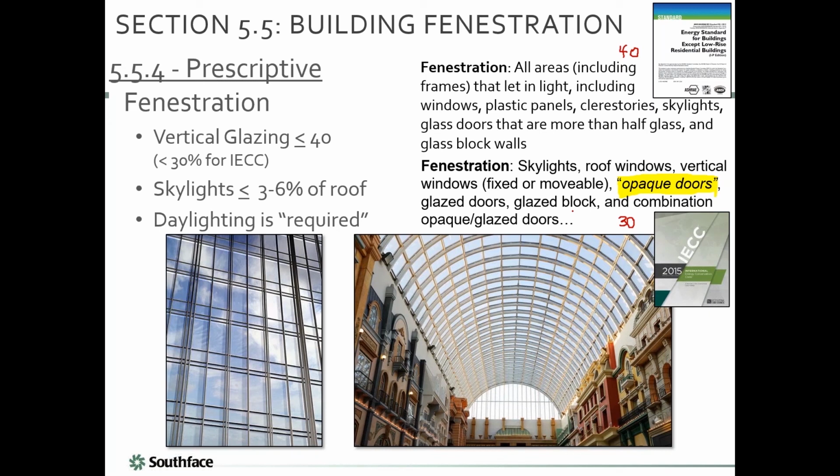The only other interesting thing is there are certain places where we used to say it was a good idea, but under the new code, it's more or less prescriptively requiring you to put in daylighting. So this is a big implication, and we'll look at that in a little more detail.